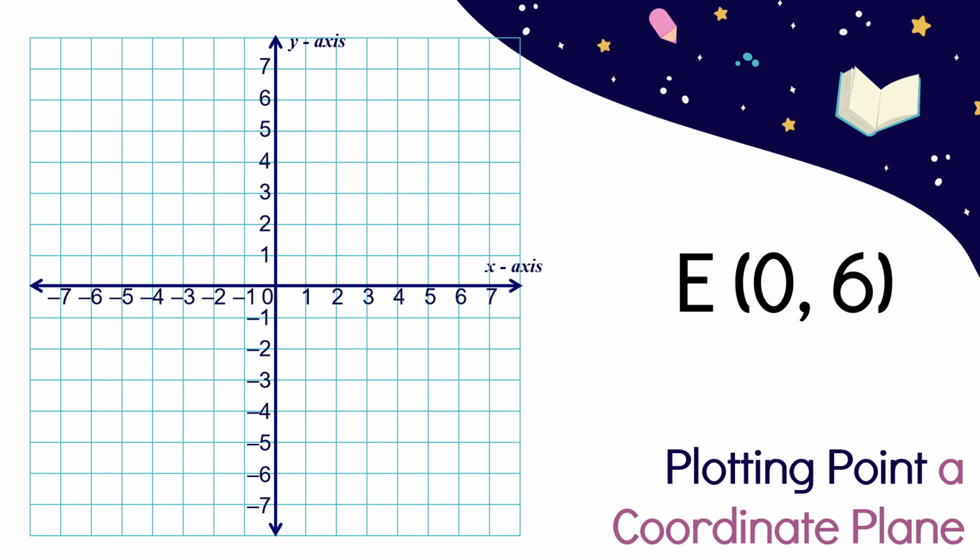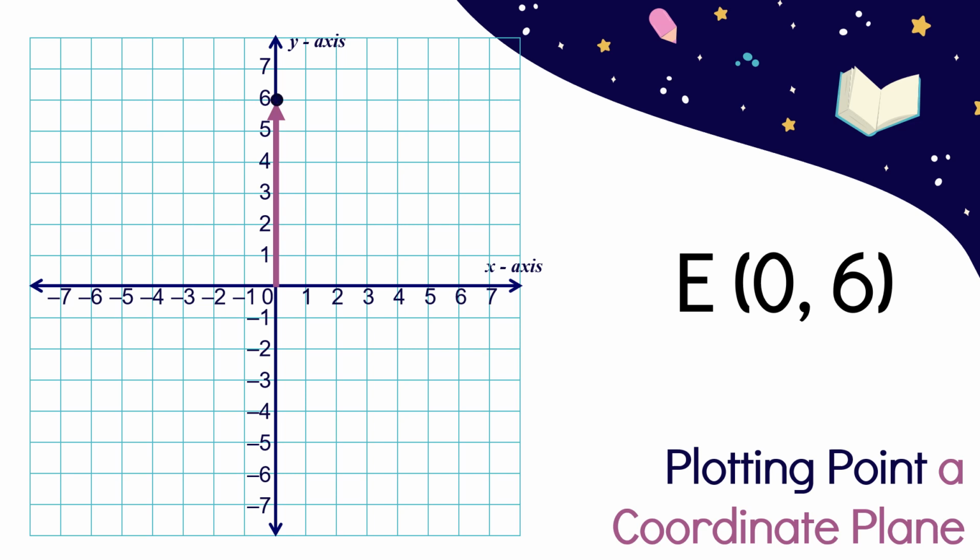For point E, we have (0, 6). Notice that the abscissa or our x-coordinate is 0, meaning there is no movement along the x-axis. So we start again with the origin and then 6 units upward along our y-axis.